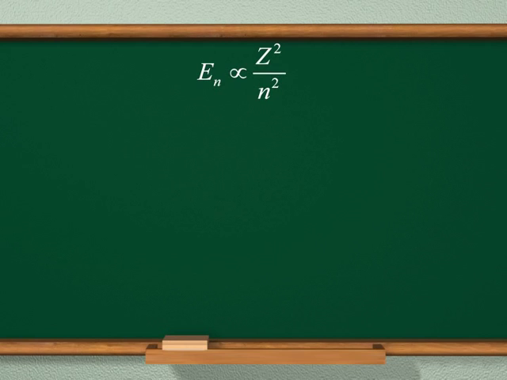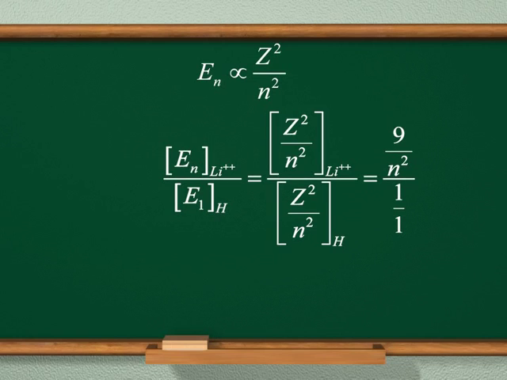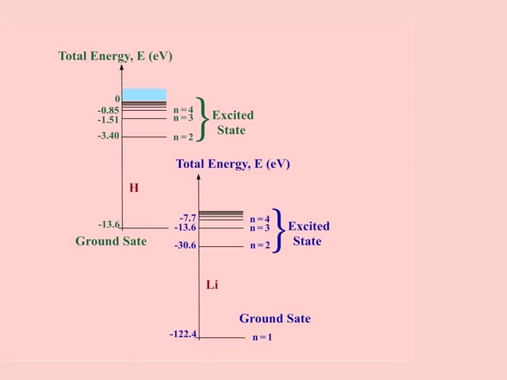Therefore, the ratio of energies for lithium and hydrogen is the ratio of the squares of corresponding atomic numbers upon orbital number. For same energy levels corresponding to the ground state of hydrogen atom, orbital number of lithium must be 3.